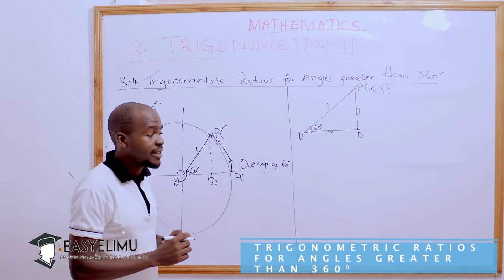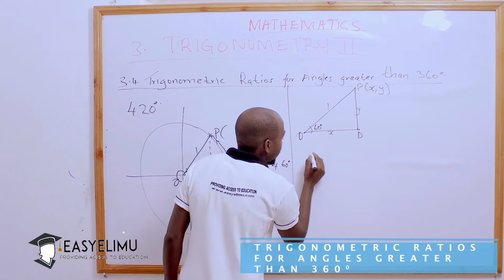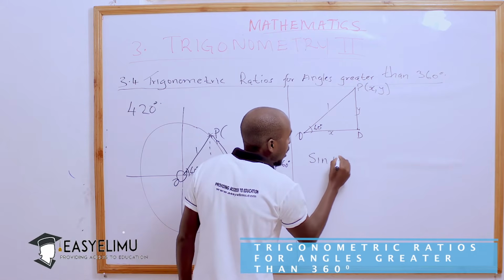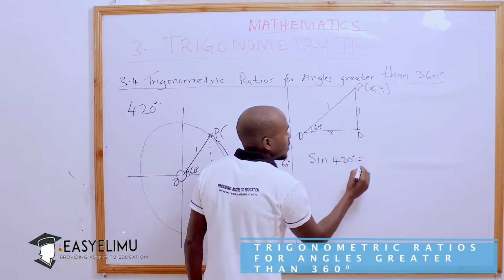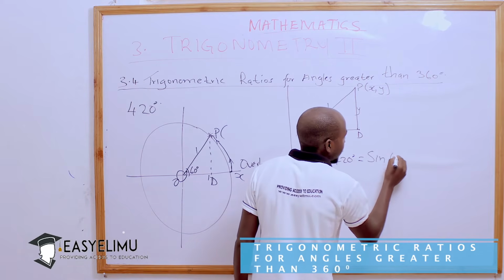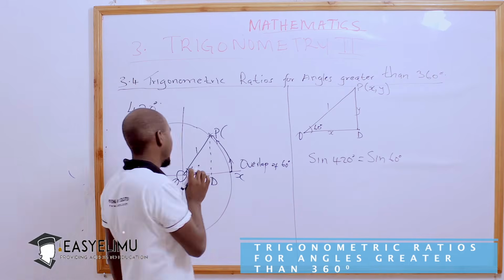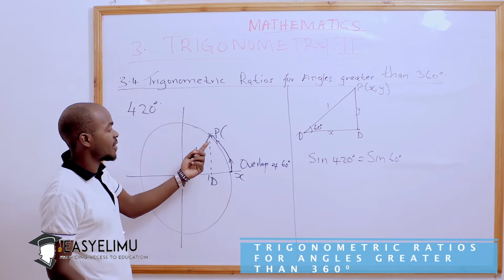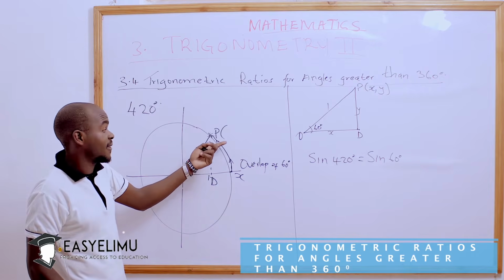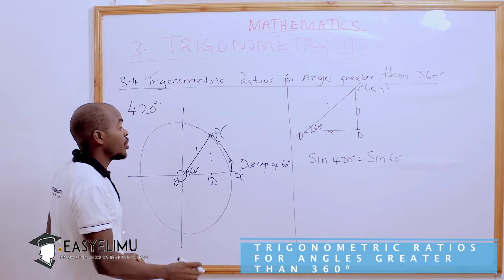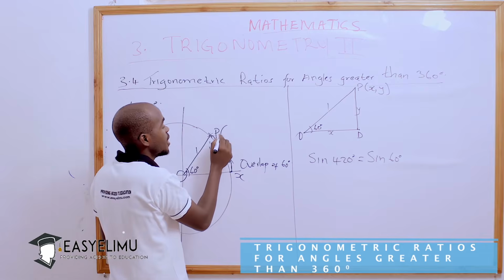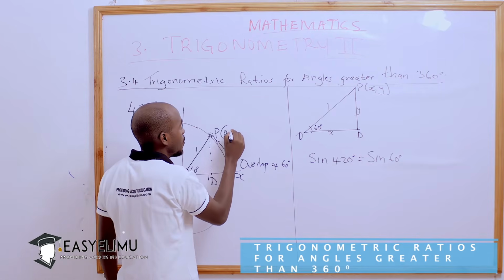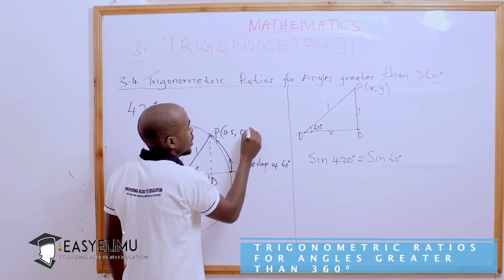we can say that finding sine 420 degrees is the same as finding sine 60 degrees for our case here. And that sine 60 degrees, if you look at the coordinates here using a Cartesian plane, you are going to find that the coordinates give you 0.5 and 0.86.